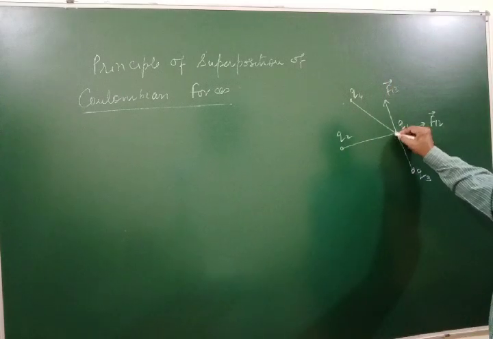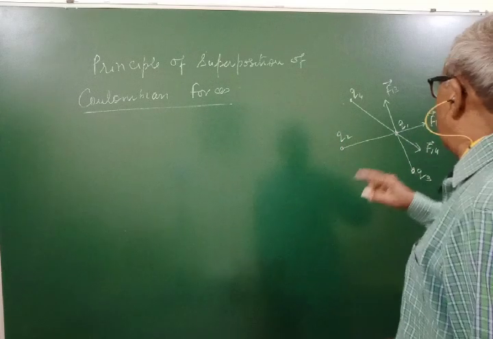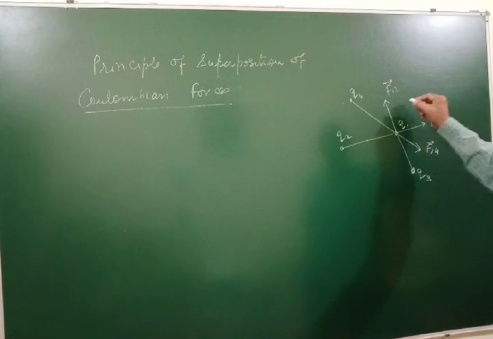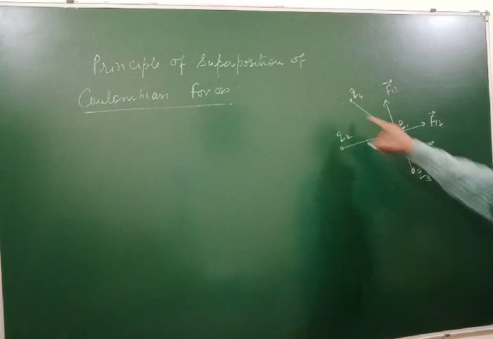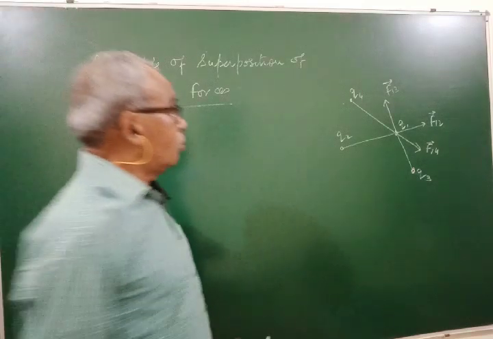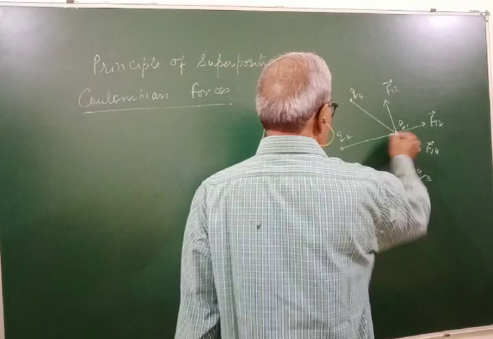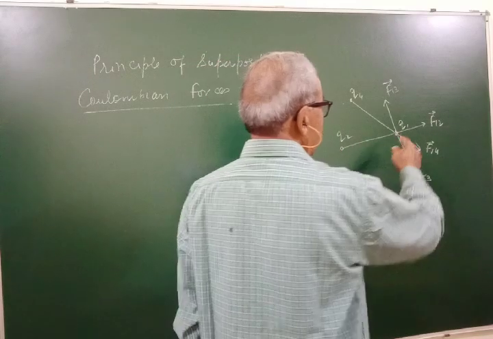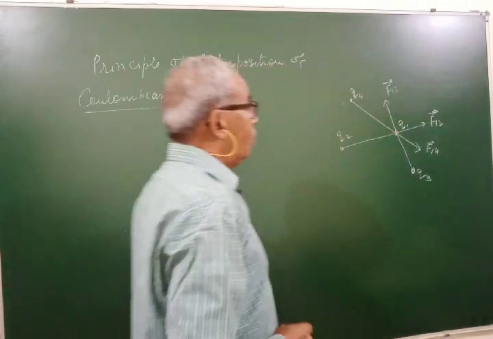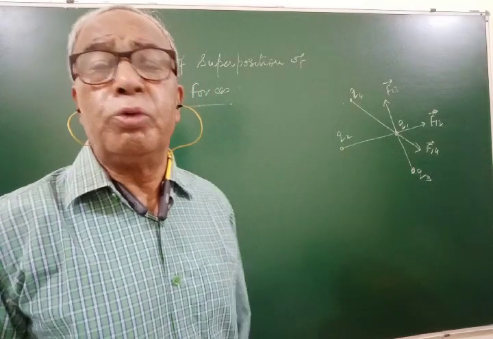Suppose there is a charge q1 placed at a point P, surrounded by many point charges like q2, q3, q4, and so on. Suppose we have charges q1 and q2 only; the force acting on q1 due to q2 will be along this direction, and I have written it here as F12, meaning the force acting on charge q1 due to q2.